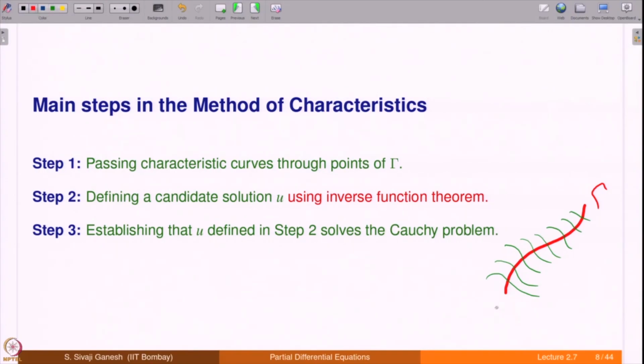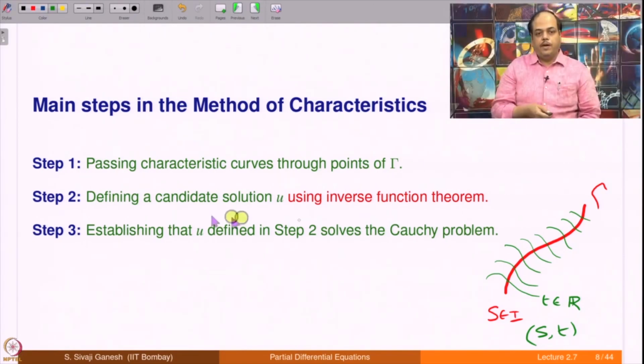So, this given datum curve is described by s, and the characteristic curve passing through each fixed point is defined by t in R. So, we have a description of some geometrical object in R3 which is parameterized by two parameters s comma t. So, as s and t vary, we hope we will get a surface, that was the idea. So, that is why we start with this step 1 where we pass characteristic curves like this.